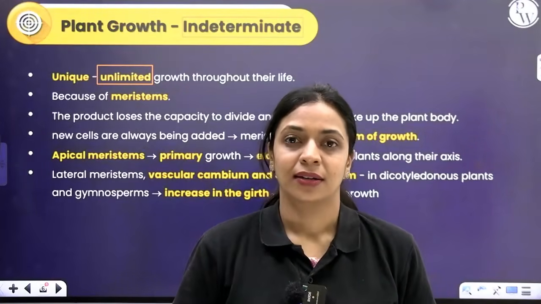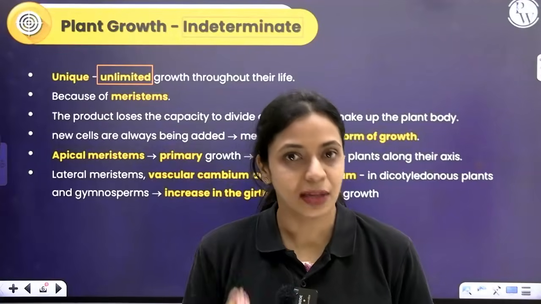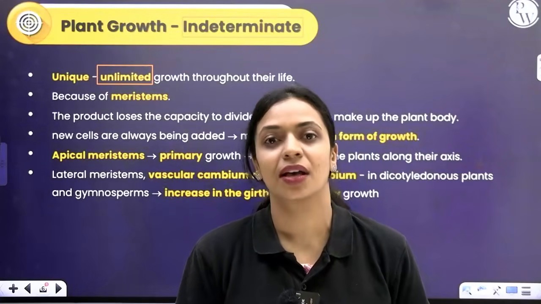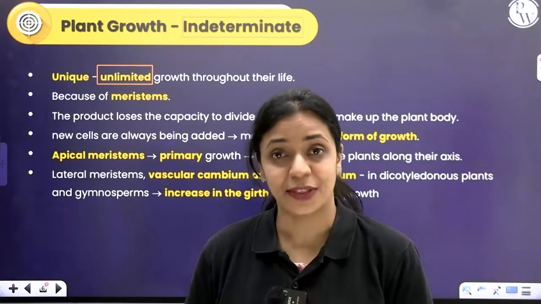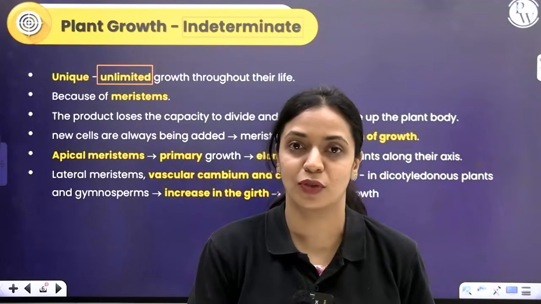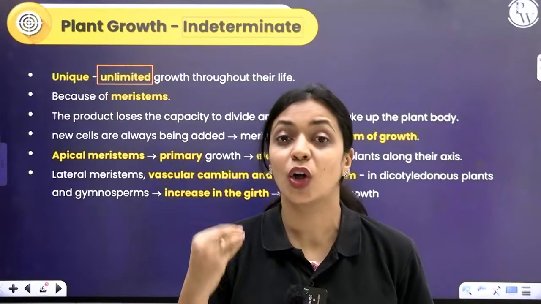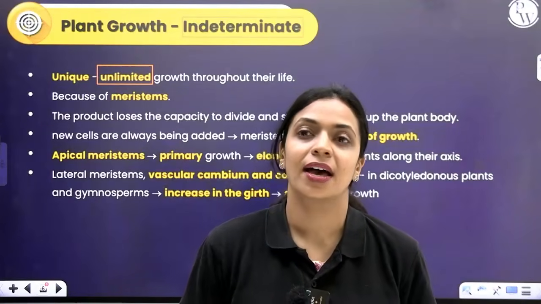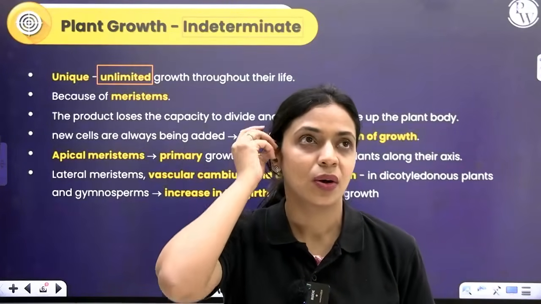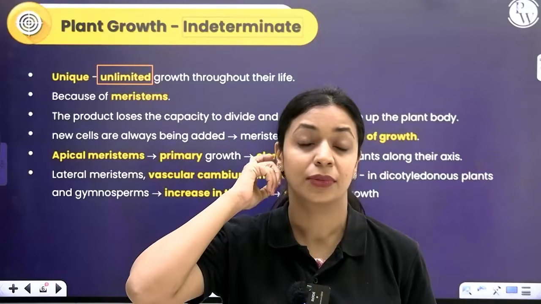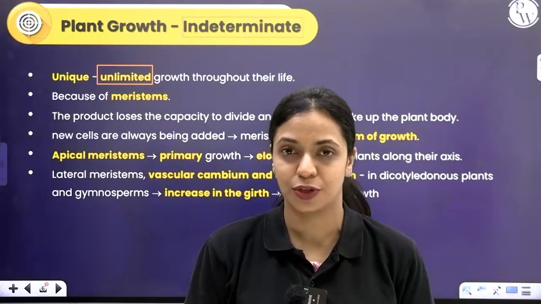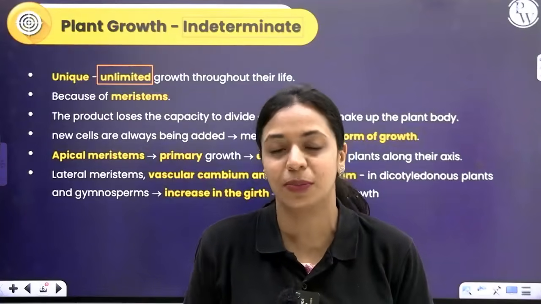In a plant, why is there unlimited growth? Because they have special types of tissues called meristematic tissues, which we've discussed in detail in the chapter Anatomy of Flowering Plants. These cells always retain their capacity to divide, and they keep on dividing and give rise to more cells, right? So that kind of unlimited growth can be seen in plants because of the presence of meristematic tissue. Its only job is to keep dividing.